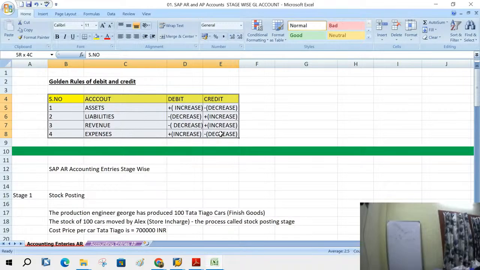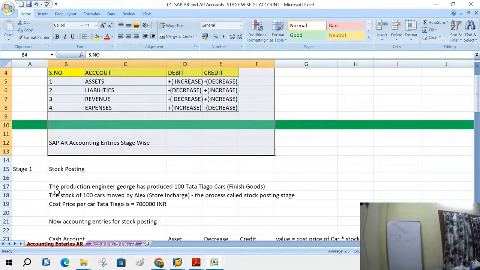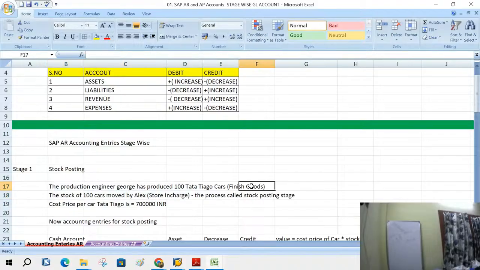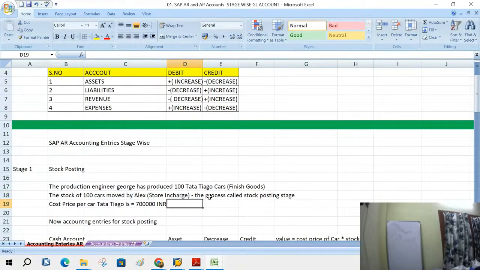What is the meaning of stock posting? I produced 1,000 pieces of so-and-so material. Yes or no? Let's assume in the stock posting stage, the production engineer George has produced 100 Tata Tiago car finished goods. After they have manufactured 100 cars, Alex, the steward, moved the cars from the factory into the storage location.